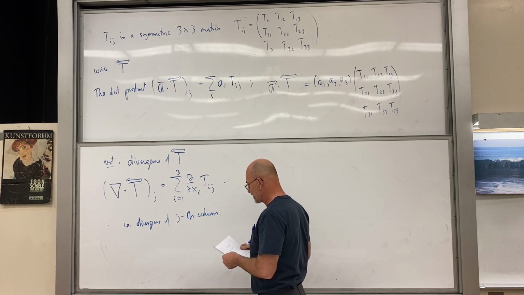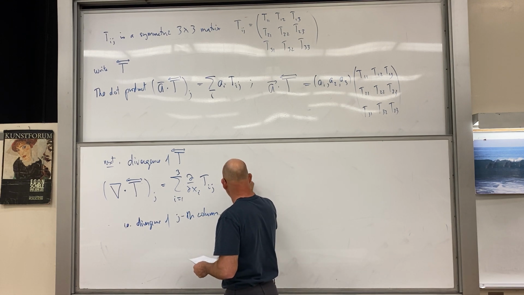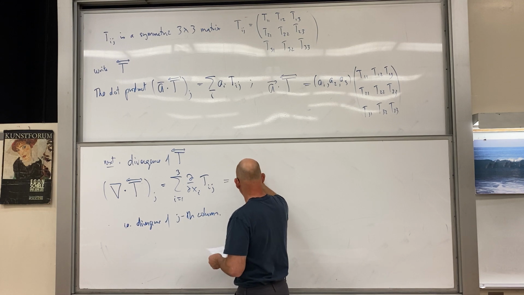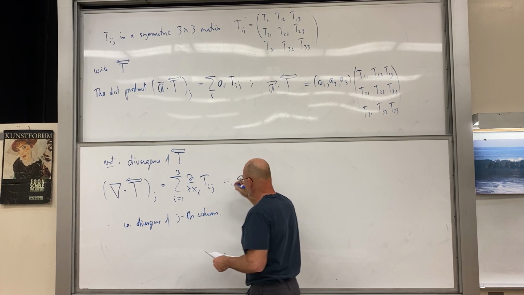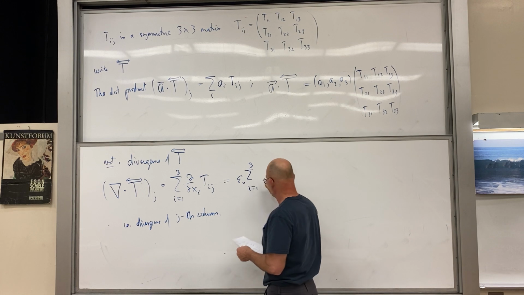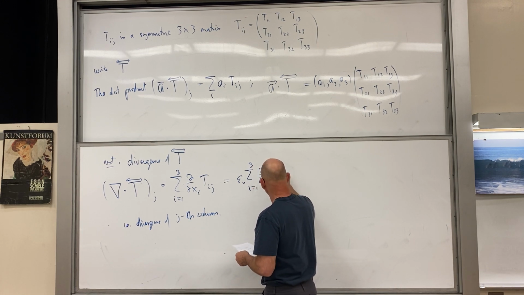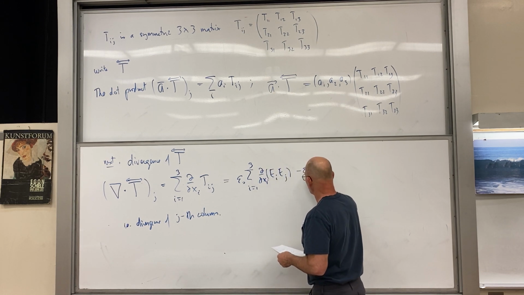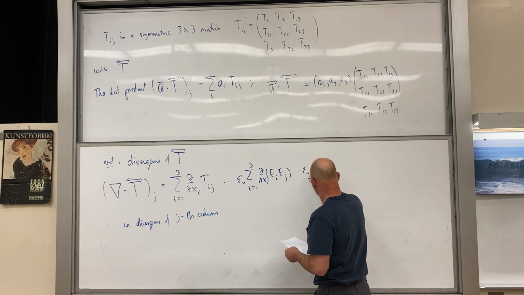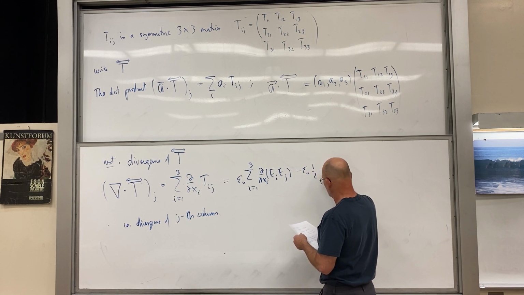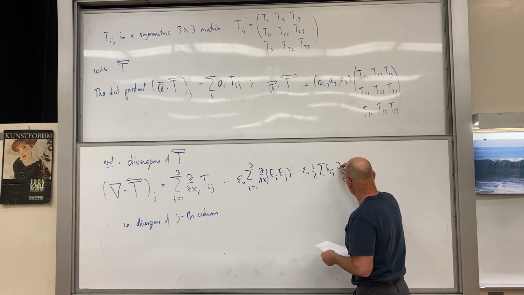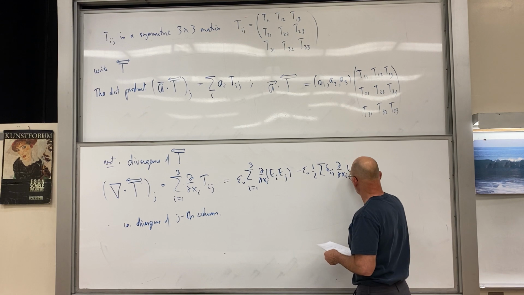Do the jth one, so we will have epsilon naught sum over i equals 1 to 3, and just do this on those components, d/dx_i of (E_i E_j) minus epsilon naught 1/2, so that's the Kronecker delta, d/dx_i of E squared.